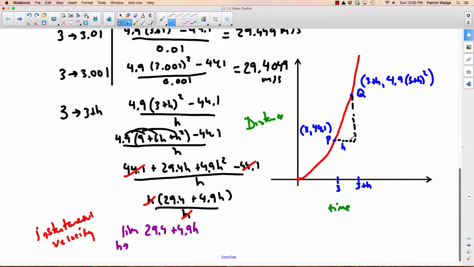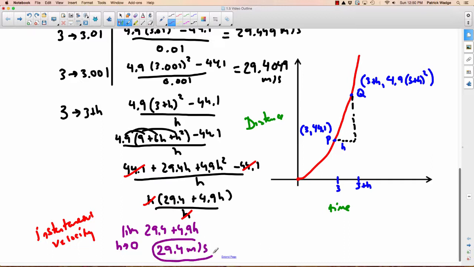How much do we want h to equal? We want h to be as small as possible. As Q gets closer and closer to P, we want h to get smaller and smaller. We want h to approach 0. Well, this is a very easy limit to evaluate, because all you need to do is plug 0 into here. You get 29.4 plus 4.9 times 0. You get 29.4 meters per second.